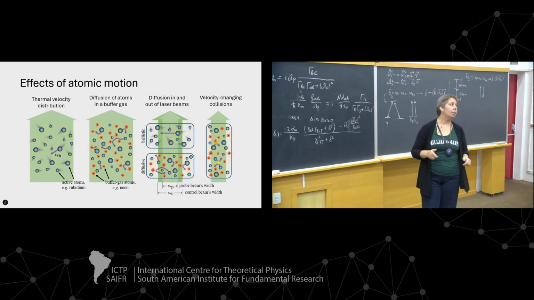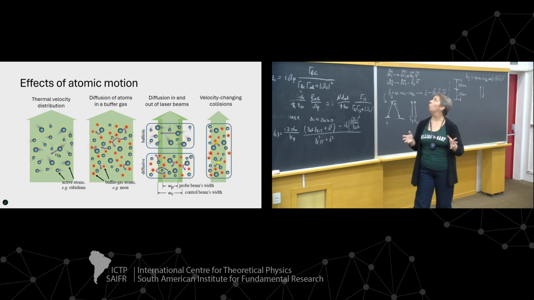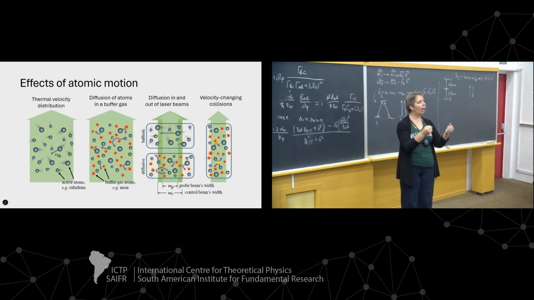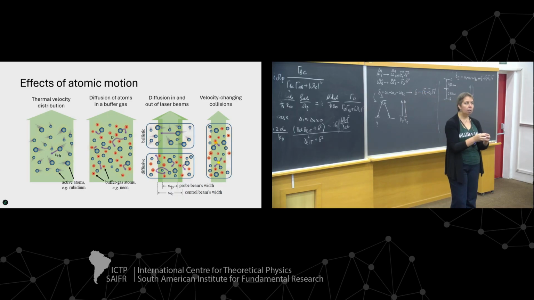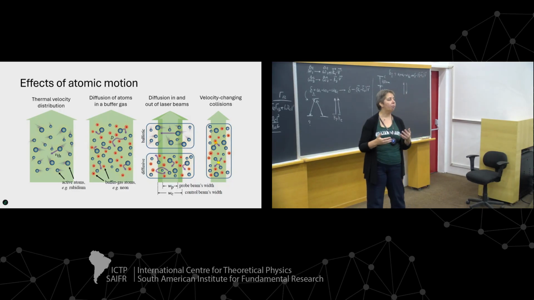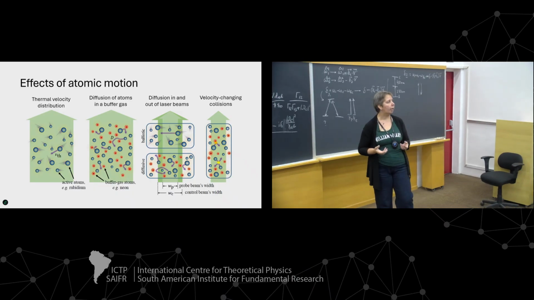And the final thing, for some experiments, you might need to take into account what happens if you have the atoms in their coherences, and then they collide with each other or with the buffer gas, and their velocity changes. That means you have coherence prepared at one detuning, and then suddenly the atoms start interacting with the field at a different detuning. And for some experiments, it may affect the properties of the atoms quite strongly.